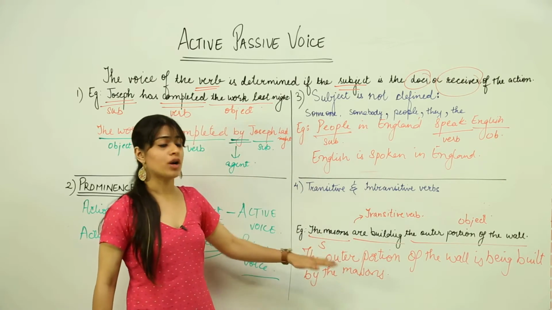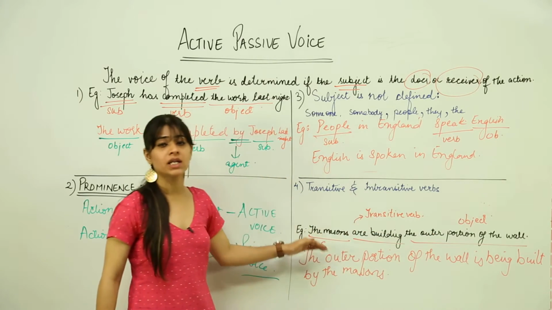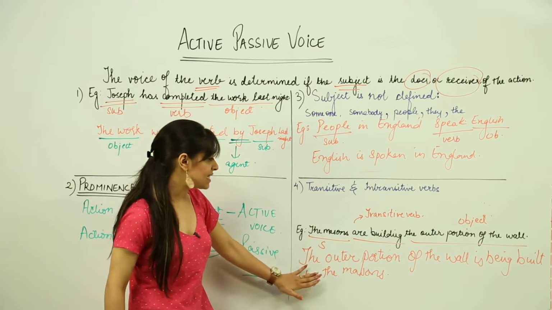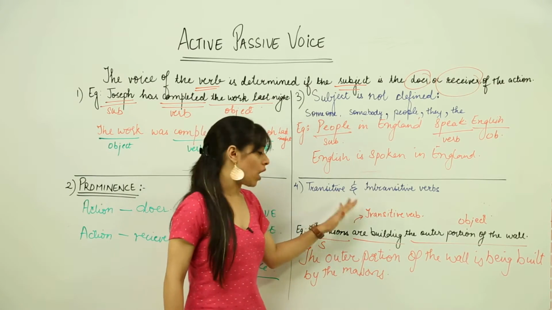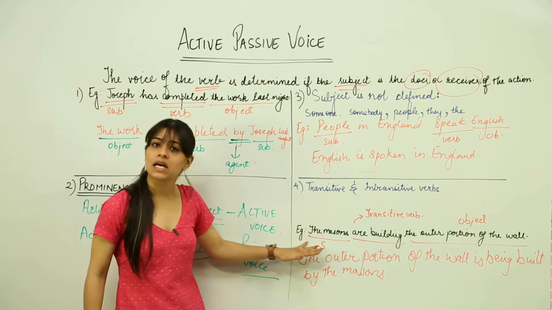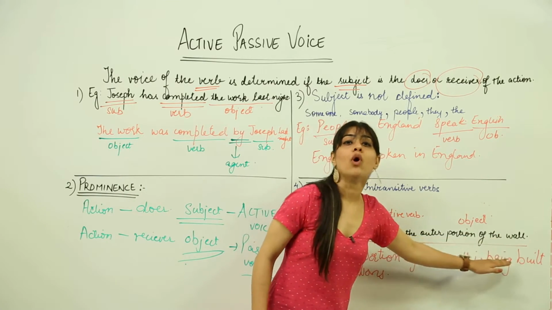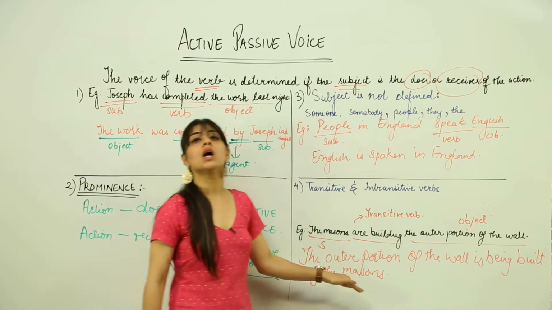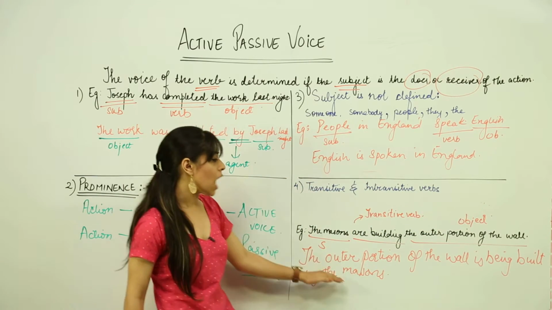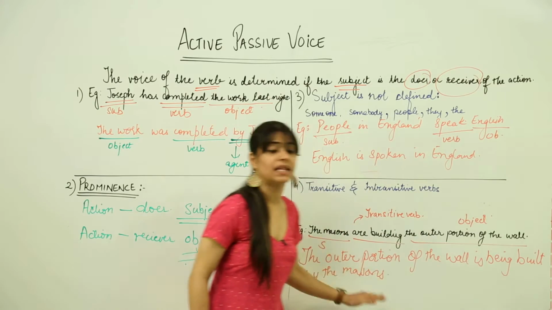So it is very important to have an object and subject to do the conversions. In this sentence, we have a transitive verb that has a subject, the masons, and an object, the outer portion of the wall. So in this case, we could convert it into a passive voice, that is, the outer portion of the wall is being built by the masons.